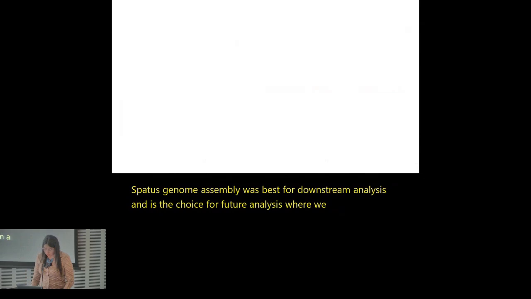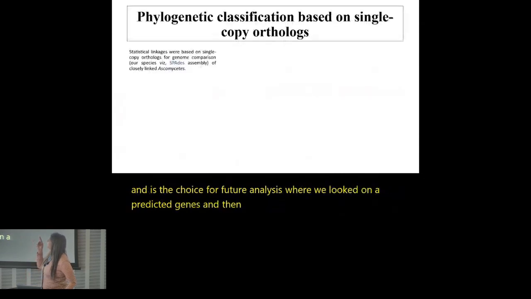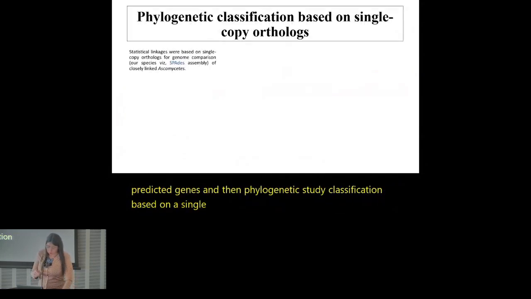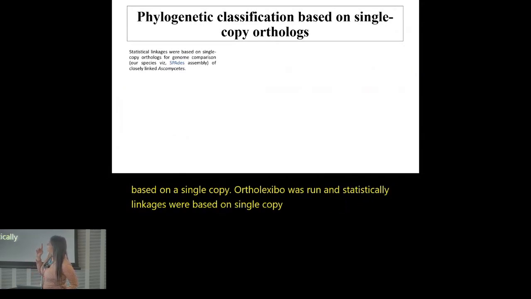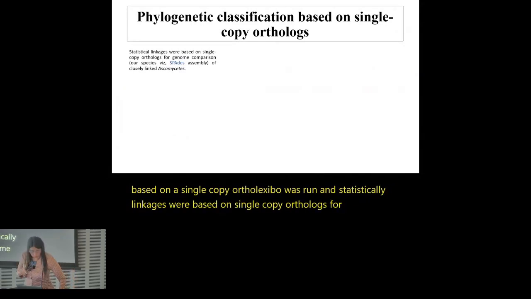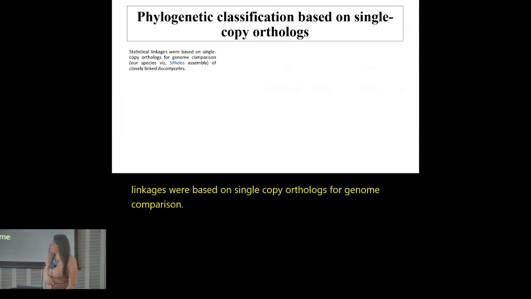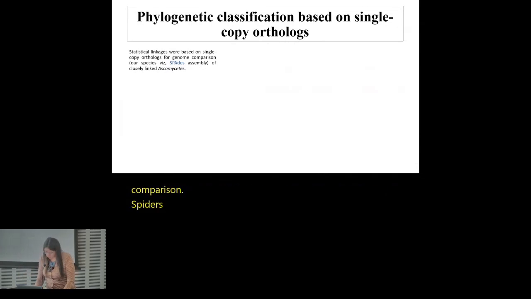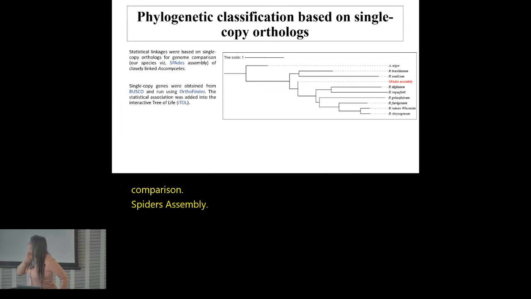Then a phylogenetic classification based on single copy orthologs was run, with statistical linkages based on single copy orthologs for genome comparison using the SPAdes assembly.